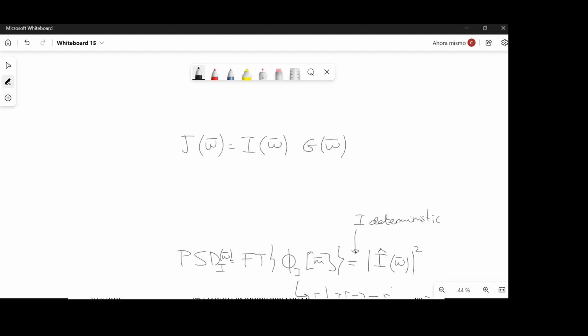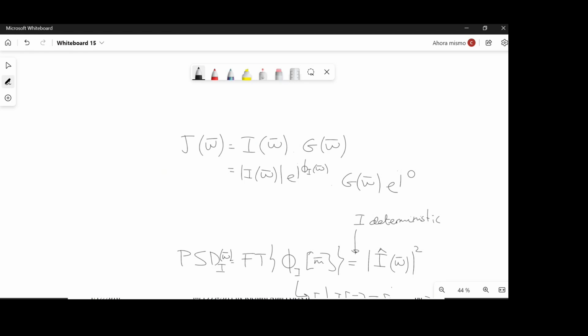Now, let us write this in this way: it is the modulus of I times the phase of I at that frequency, times the modulus of G. But the modulus of G is a Gaussian, and a Gaussian is a real number. What is the phase? The phase of a positive real number is always 0.